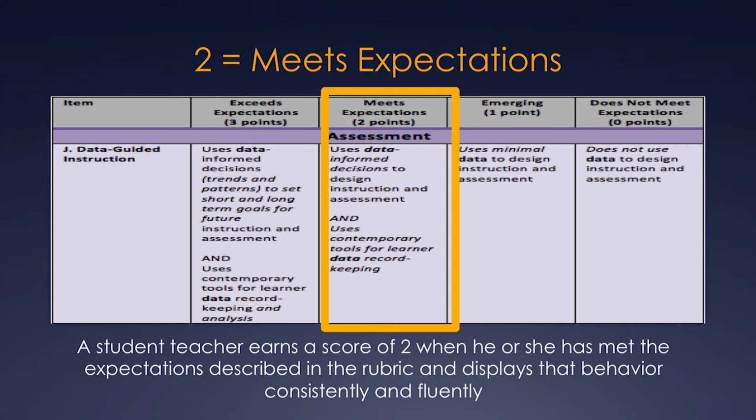For this specific example, a student teacher needs to demonstrate a pattern of using data to design instruction and assessment, as well as evidence of the use of contemporary tools for collecting and organizing that data. Remember, the definitions for many terms, such as data-informed decision and contemporary tools, can be found in the glossary.